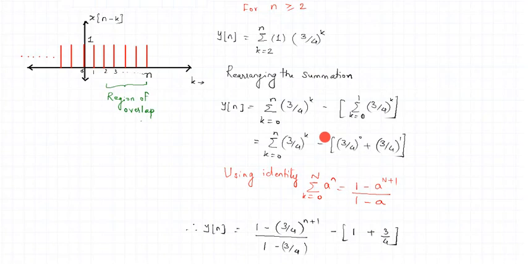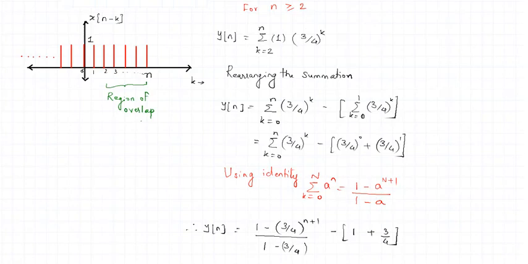Expanding the second summation with the k values, we get 3 by 4 raised to 0 plus 3 by 4 raised to 1. The first summation, k equal to 0 to n, fits into the identity we just discussed: the sum of a raised to k from 0 to n is 1 minus a raised to n plus 1, divided by 1 minus a.